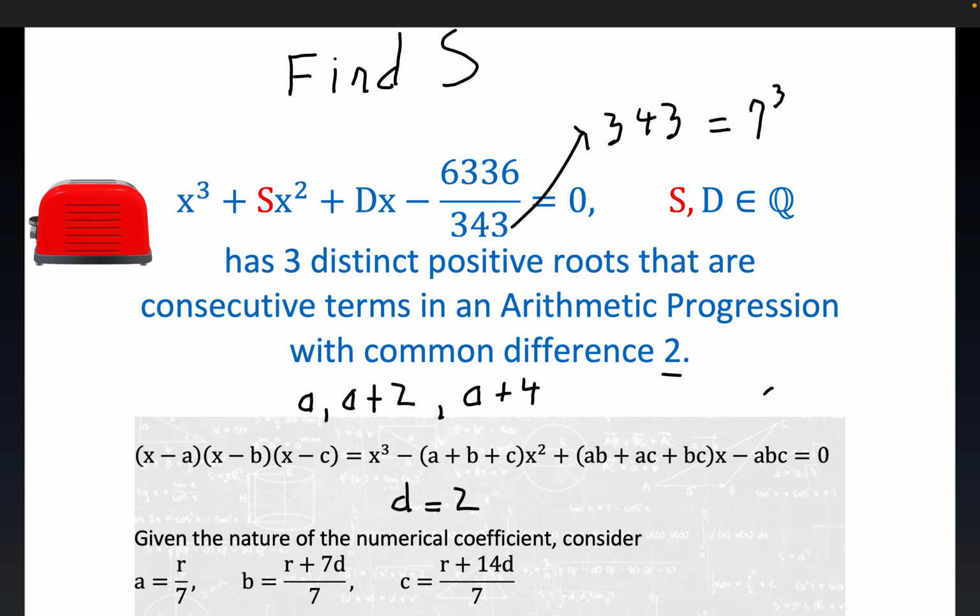This part right here would imply that ABC is equal to that constant term, 6336 over 343. Okay.